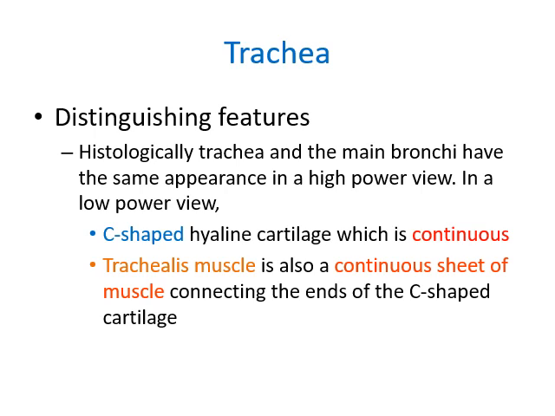In a high power view, without being able to see that the cartilage is C-shaped, you can't say whether it's the trachea or the main bronchi. So both will have a similar appearance in high power view.